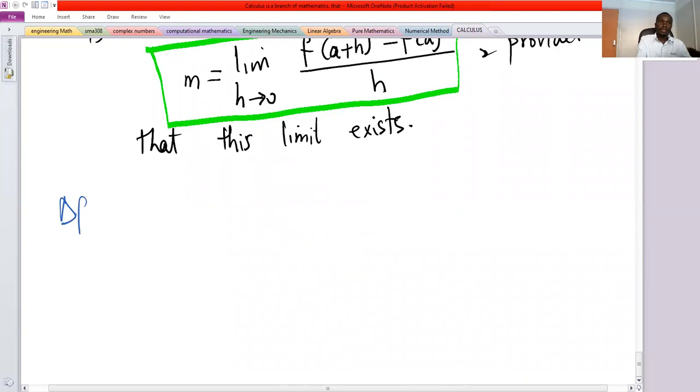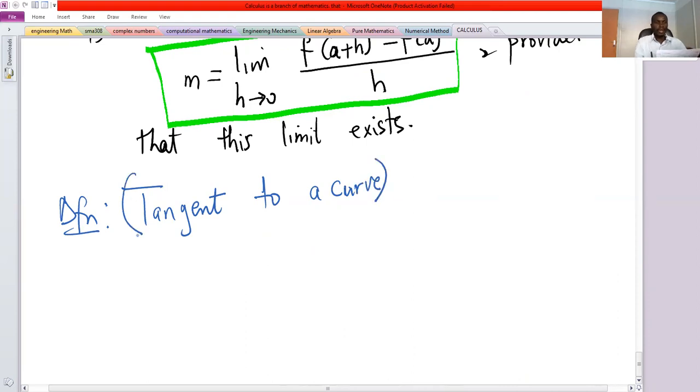So definition, tangent to a curve. So tangent to a curve, or simply tangent line to a curve.